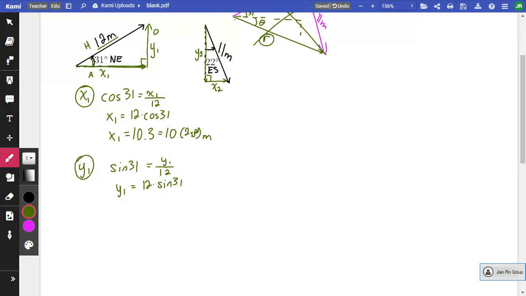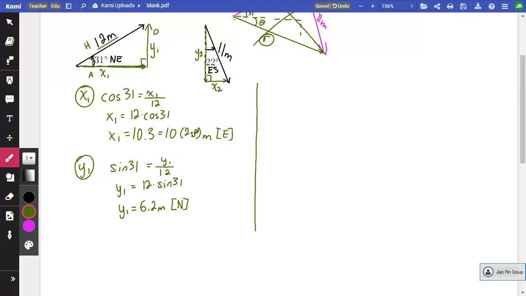And so 12 times sine 31 is 6.2 meters. All right, so we did that. We've got our y, and let's just specify this would be east, and this would be north.